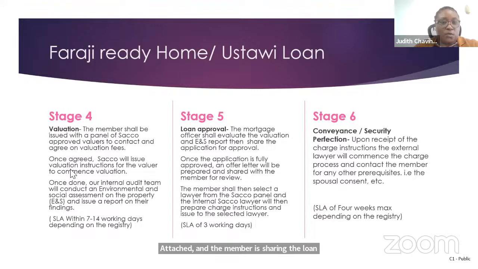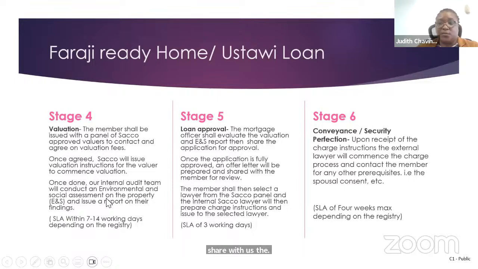We move to stage 4. Stage 4 is the valuation stage. The member shall be issued with a panel of Sacco valuers. We normally have a panel of approved Sacco valuers. We share it with your member, you contact the valuers, then you agree on the valuation and the cost of valuation. Then you share with us the fee note in terms of the fees that have been quoted to you by the valuer.